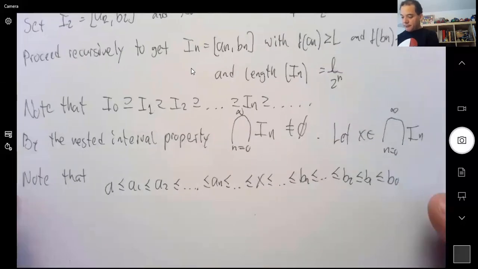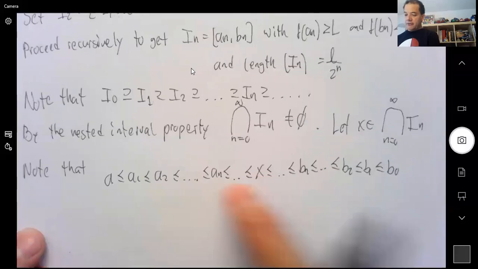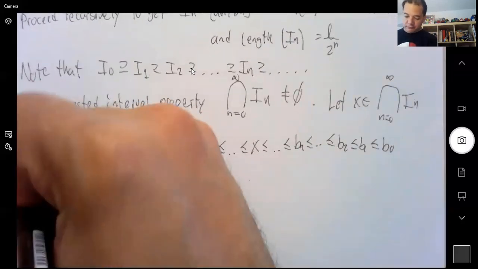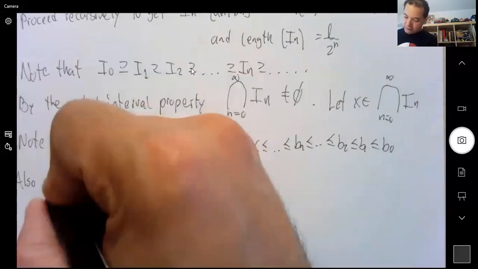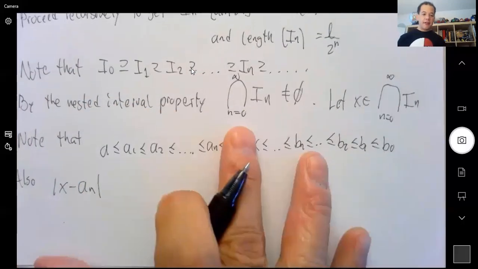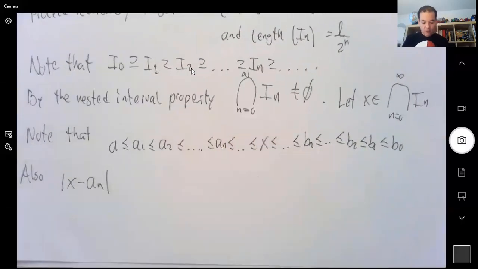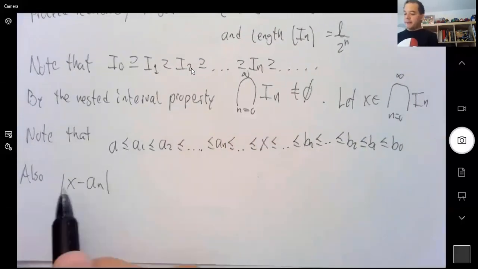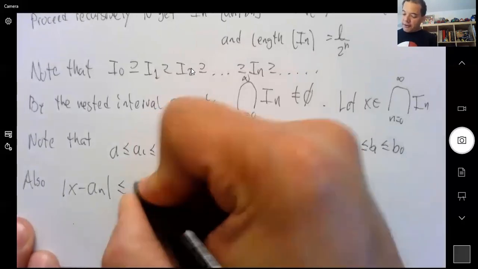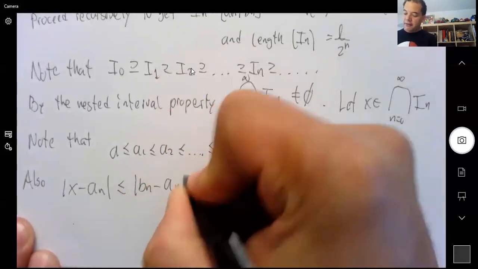Well, what is the distance from X to a_n? How close are X and a_n? Well, I don't know, but because X belongs to I_n, then this is for sure smaller than b_n minus a_n, correct?